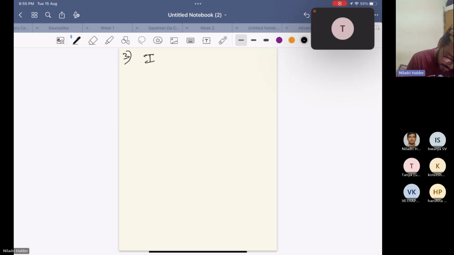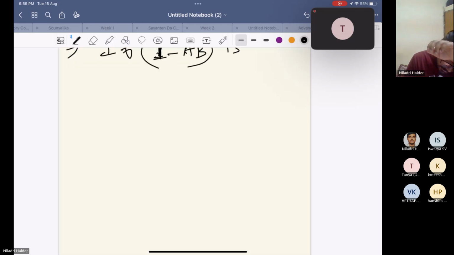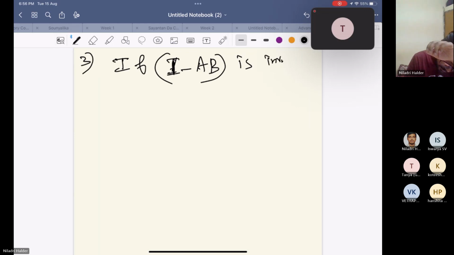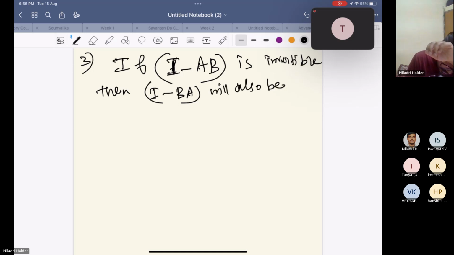So if I minus AB is invertible, then I minus BA will also be invertible. And in both cases it will be true. I mean, the reverse version of this statement is also true, and vice versa.